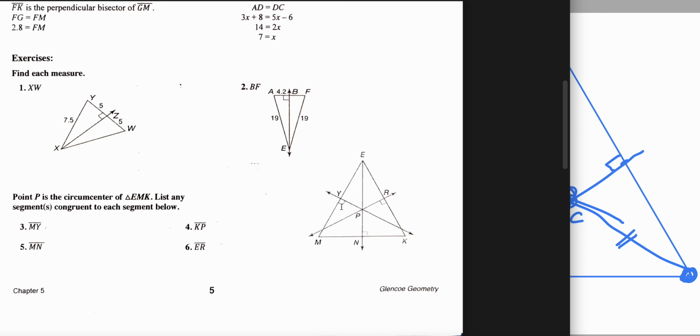That means it's perpendicular and it bisects EM, so it cuts EM into two equal parts, right? So this side is congruent to this side. And that's all the way around the triangle because all of these lines are perpendicular bisectors. EN is a perpendicular bisector and RP is a perpendicular bisector of EK.